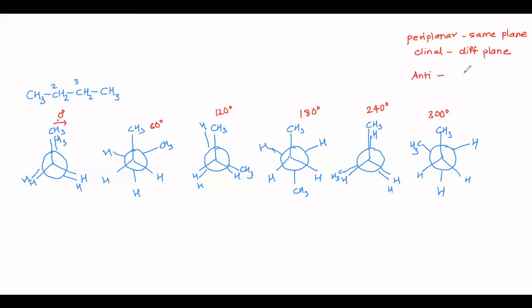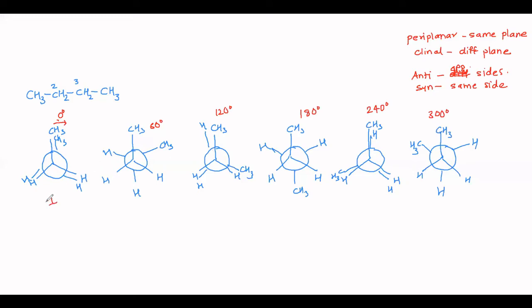One is anti, when the two groups are on opposite sides. And the second one is syn, where they are on the same side. So using these words, we're going to define each and every conformation.